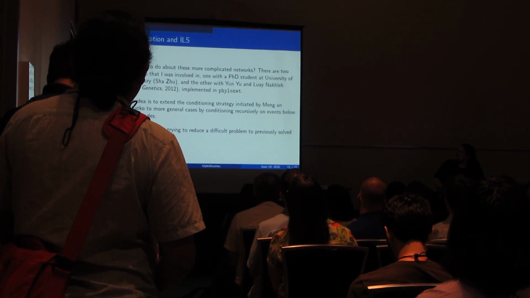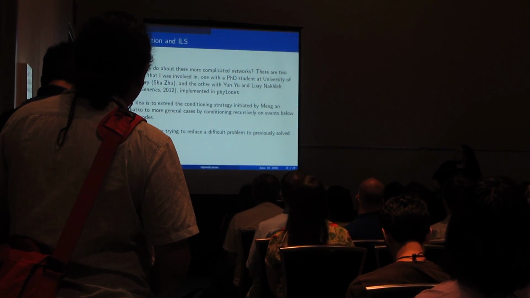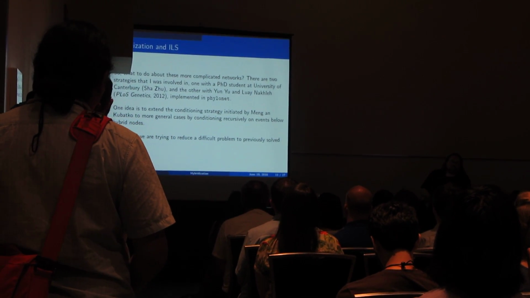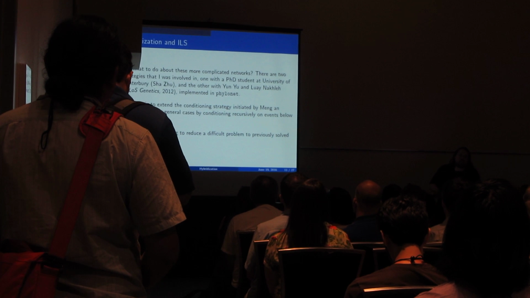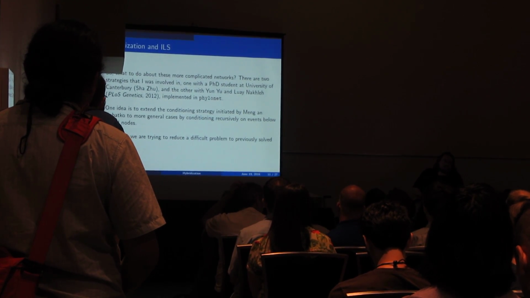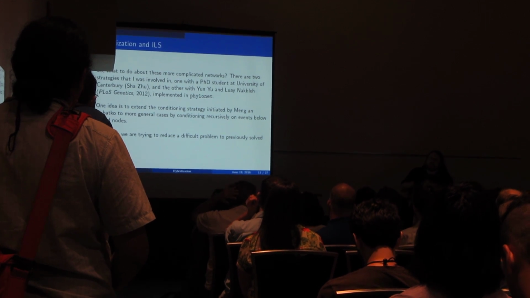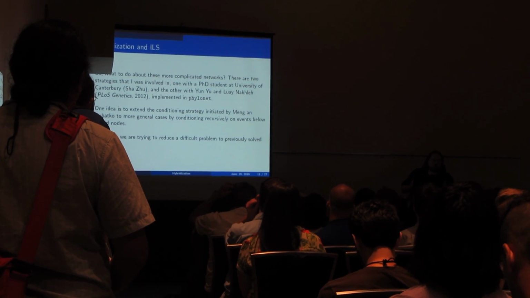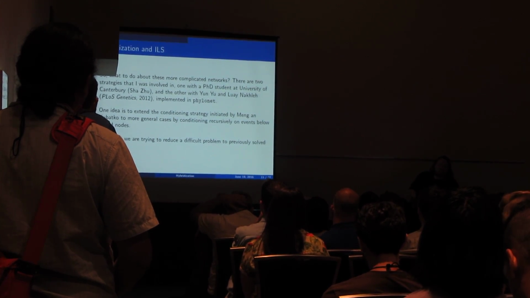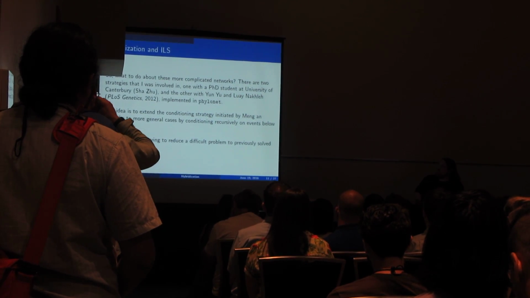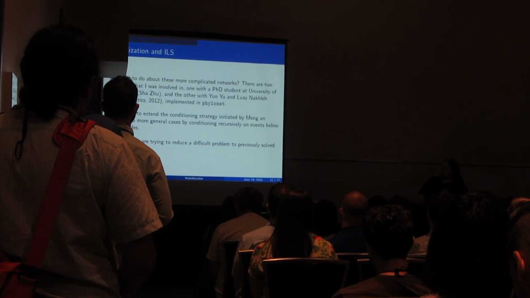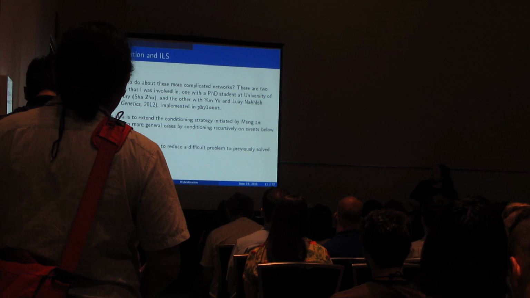Okay, so what to do with these more complicated networks? There are a couple of different strategies. There's one that's implemented in PhyloNet, which is by Luay Nakhleh's group, and that represents the network using null trees, and that can handle that. And I have another approach that uses recursion that I did with my PhD student, Xiaozhu.